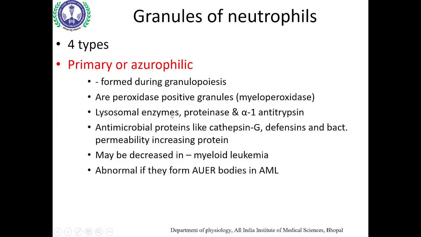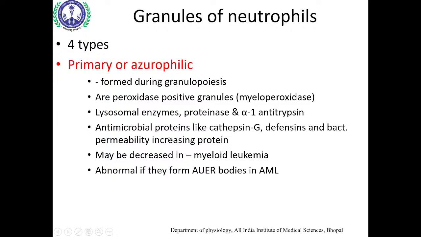It also contains the lysosomal enzymes, proteinase, alpha 1 antitrypsin. ये आपको याद करने पड़ेंगे, right? These contents of the granules you will have to remember, because in many of the diseases they increase and they are responsible for the destruction of our own cells, right?